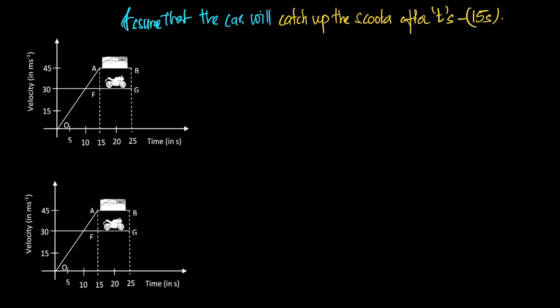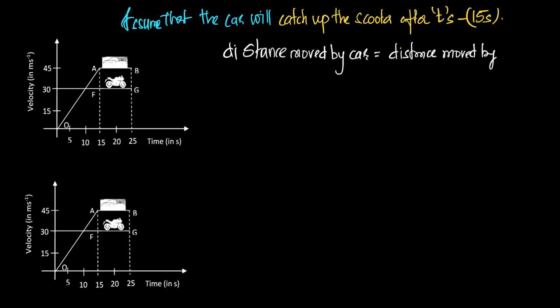So it will catch up after t seconds, after 15 seconds. Okay, so it will move till 15 seconds, and after t is equal to 15 seconds, it will move another t seconds, and then it will overtake. Now, what is the condition for overtaking? We know that when overtaking takes place, the distance moved by the car will be equal to the distance moved by the scooter.